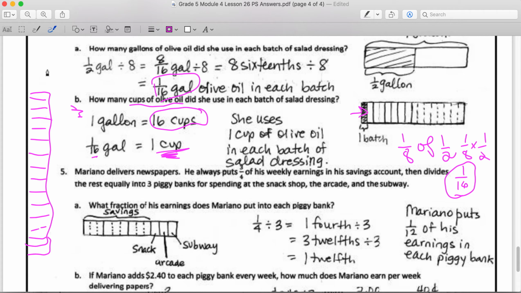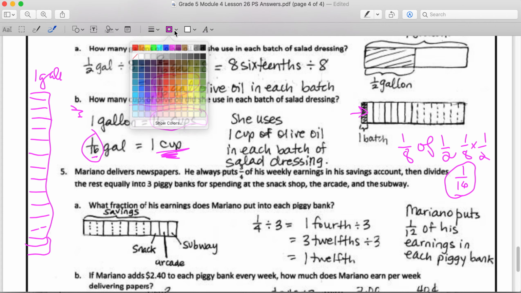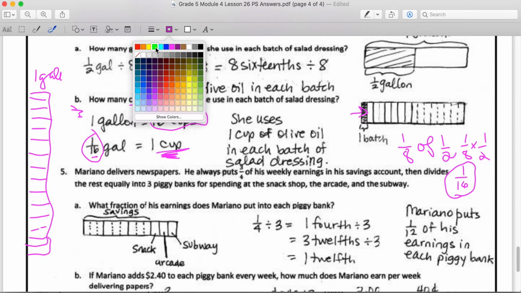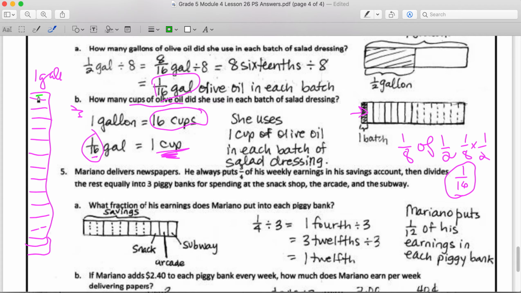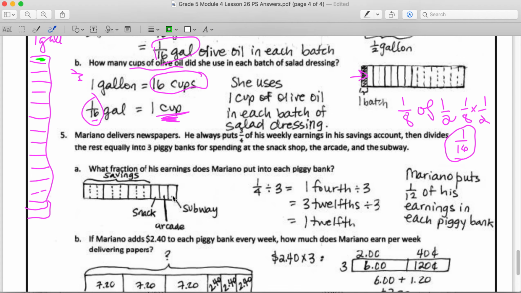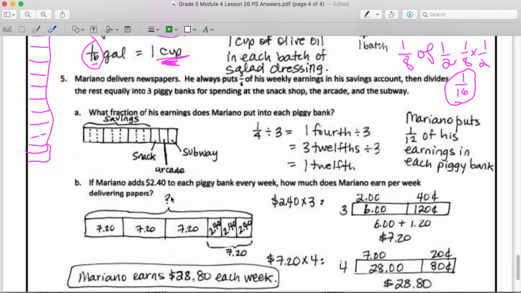So this is 1 gallon right here. And there are 16 cups. Well, I want 1/16 of a gallon. I only just want 1. Well, how many cups is that? Well, there's 16 cups here, so there's only 1 cup. Okay? All right, again, you can play that again a little bit if you're confused.